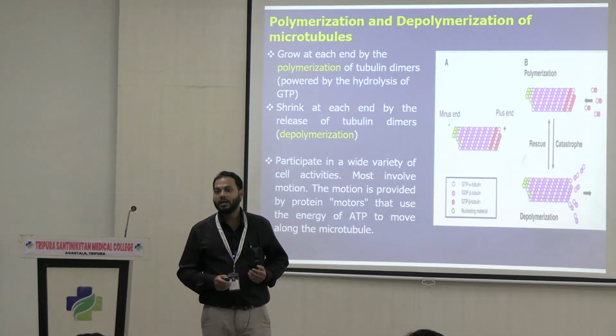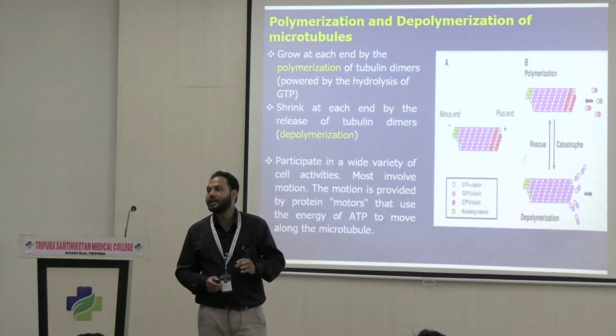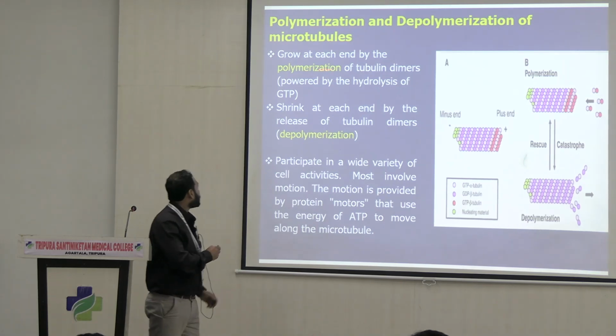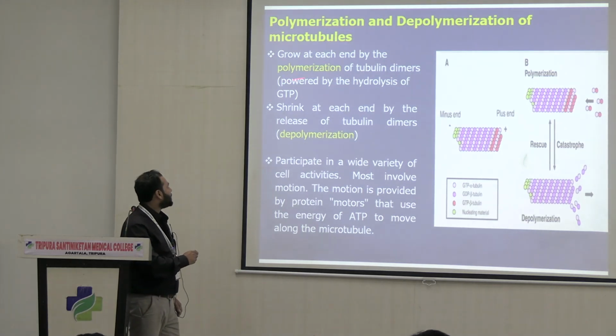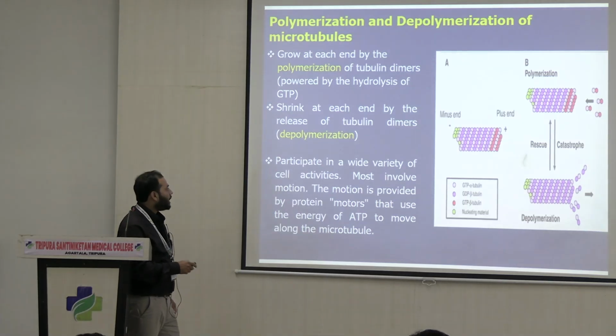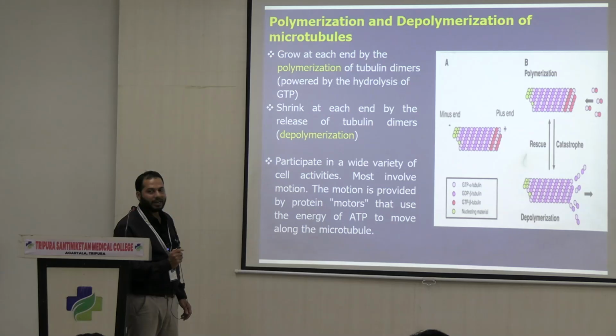It means for polymerization, there is active involvement of certain types of energy molecules, mainly GTP. It grows at one end by the polymerization of tubulin dimers, powered by GTP. At the other end, it shrinks by the release of tubulin dimers.